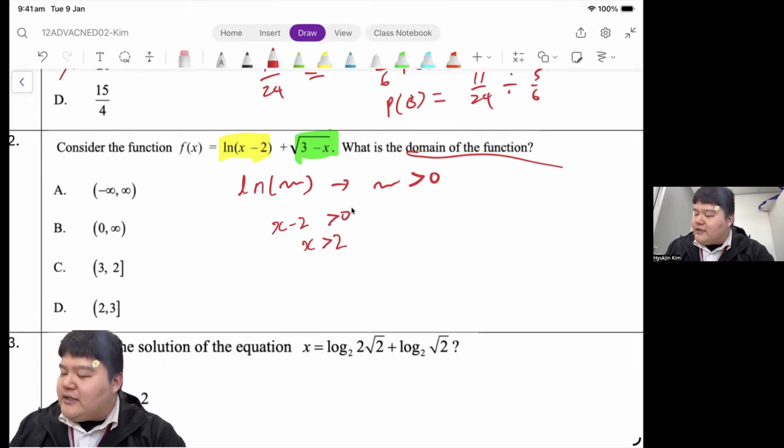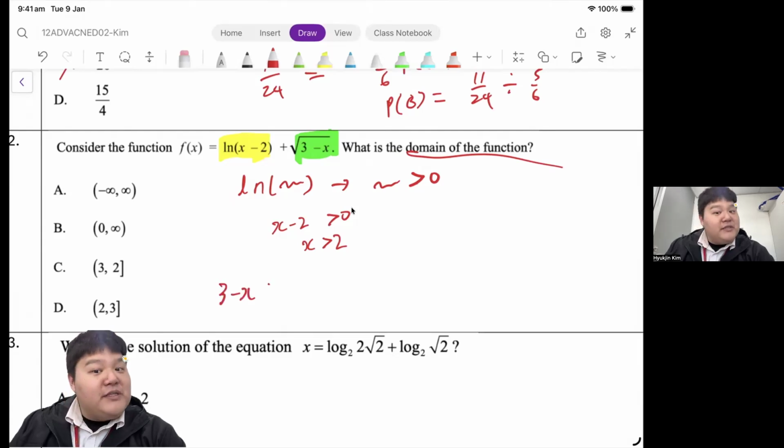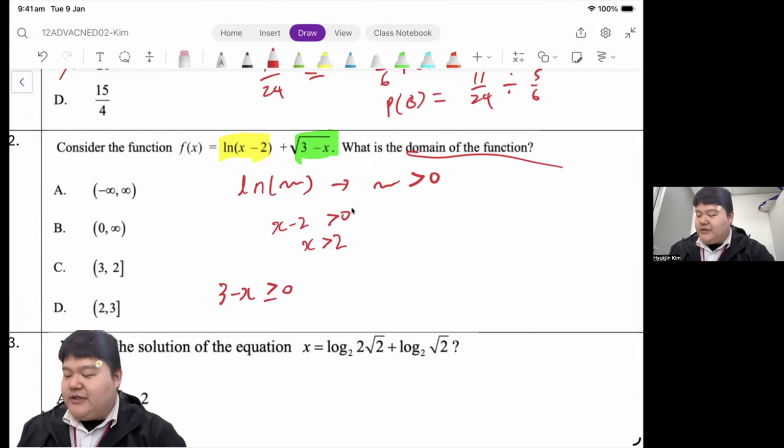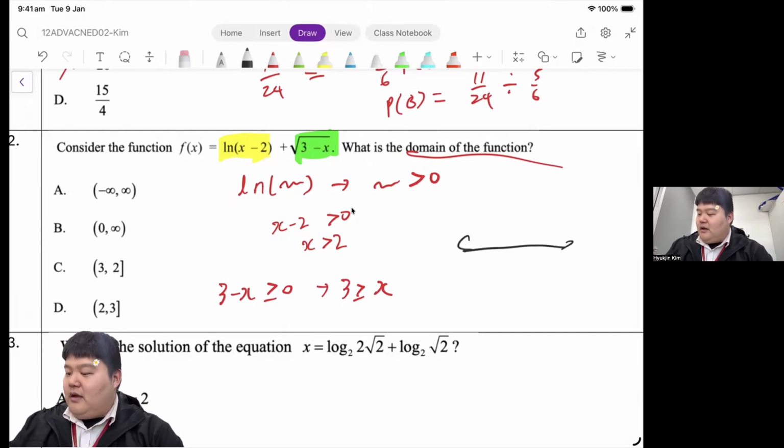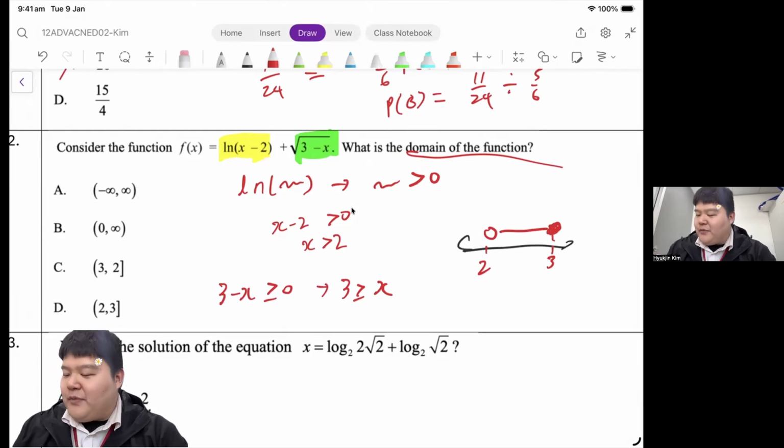And now let's have a look at the next one. It's inside of a root. So that means 3 minus x has to be, it could be 0, but greater than or equal to 0. That means 3 is greater than or equal to x. So now we have two things. On a number line, we have x strictly greater than 2, and x less than or equal to 3. There's an overlap. That has to be the truth.